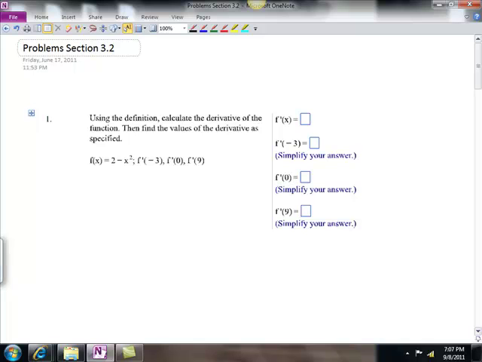Negative 2x. So this is f prime of x, and then f prime at negative 3 would be 6 and 0 and negative 18. And that was that quick because they know the derivative rules.